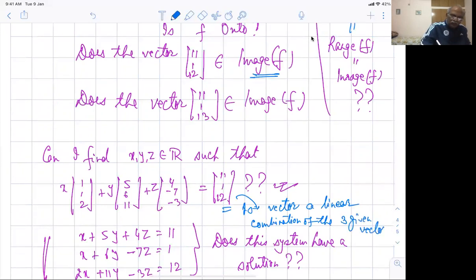So everything gets related. Solving a system of equations gets related with what we have in vectors. I would like you to think about these things: at each step we'll be solving systems of equations, putting things in vectors, and vice versa. So keep track of this. That's all in this lecture. Thank you.